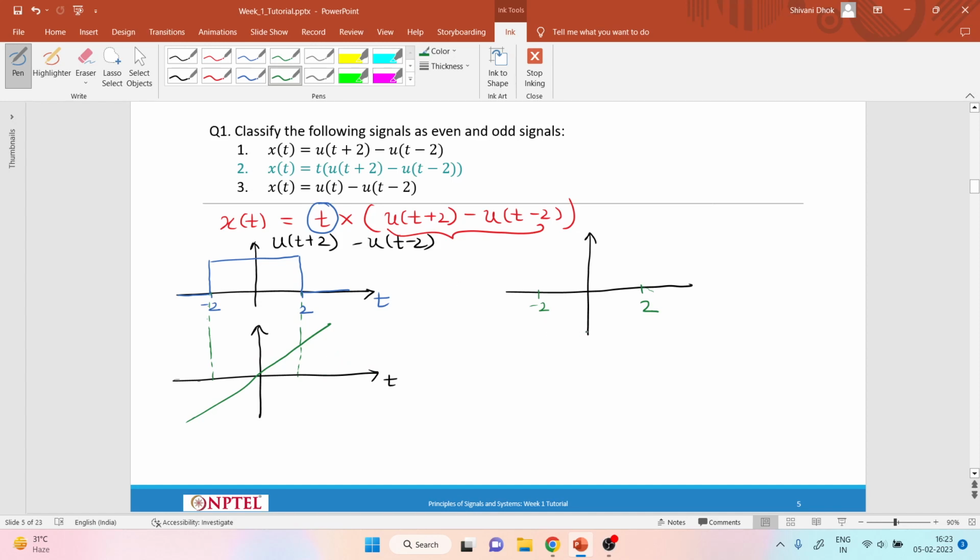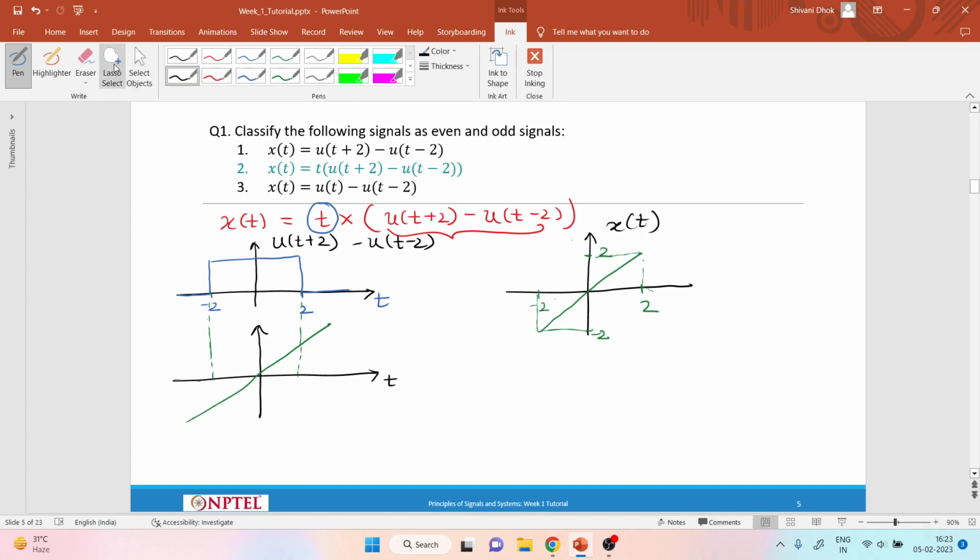So we would be getting something like this. And this is our x of t.